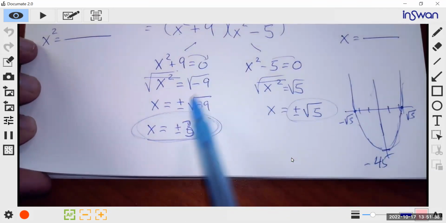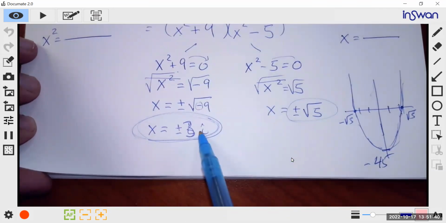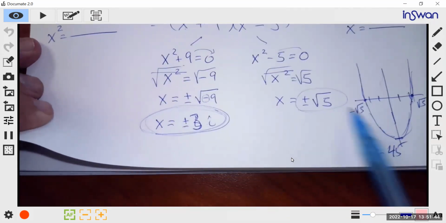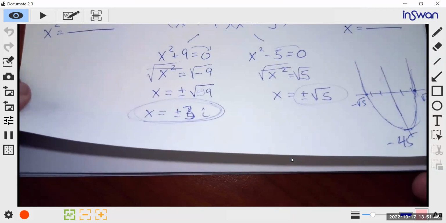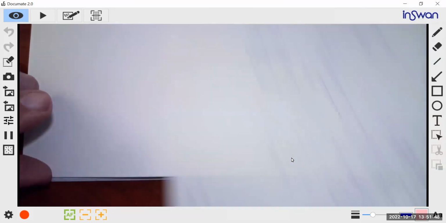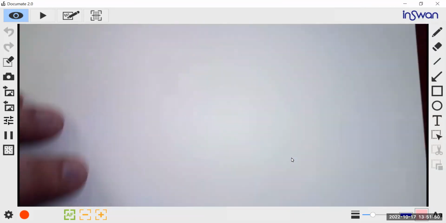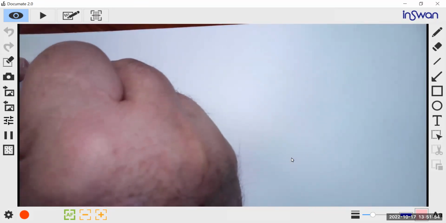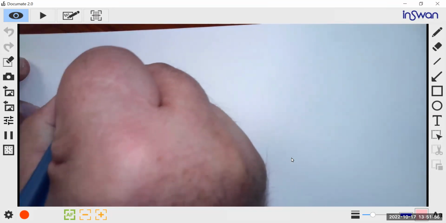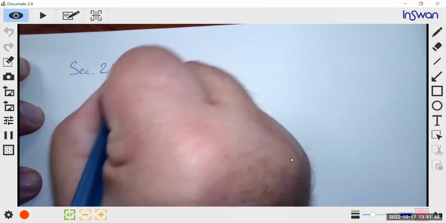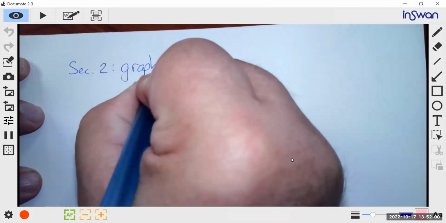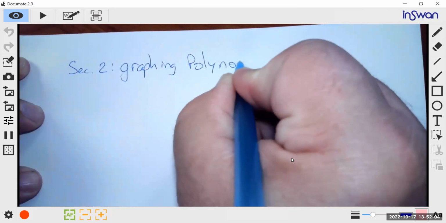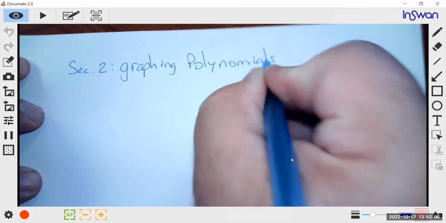So whenever you solve these things and you have this negative inside the square root, that's an i, plus or minus some number i. We only want the real numbers. Okay, that does it for section 1. Section 2 deals with graphing polynomials.